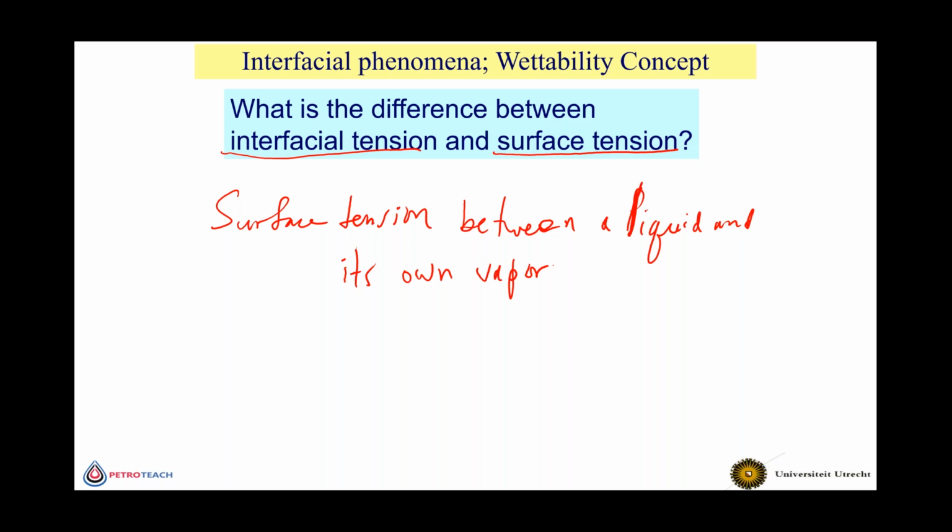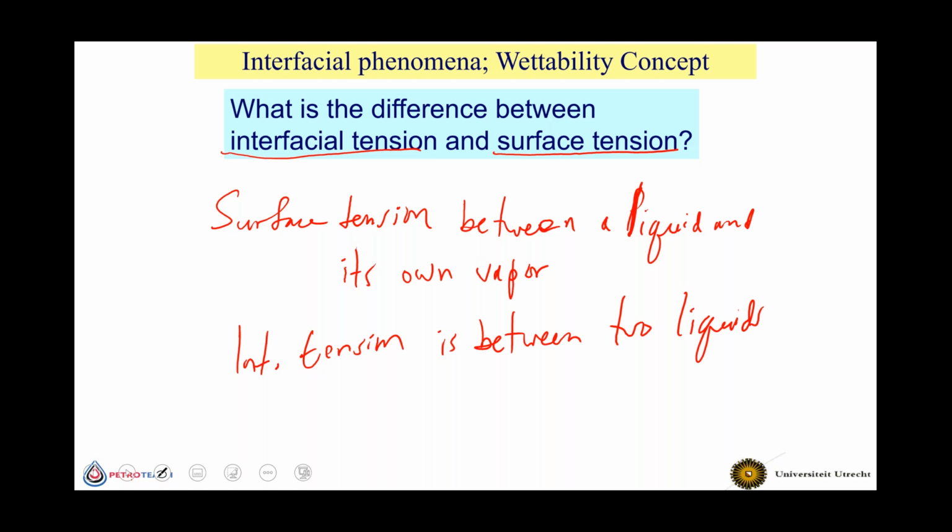So that, between liquid and air or its own vapor, is called surface tension. Interfacial tension is between two liquids. So you really shouldn't mix these up.